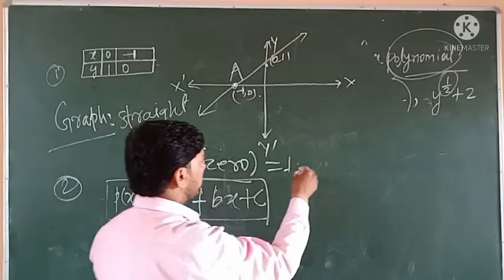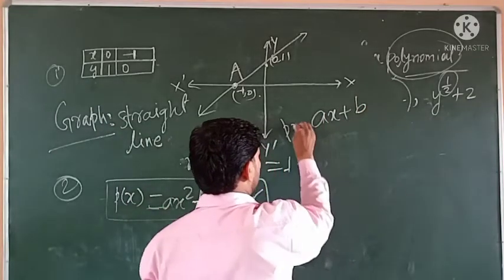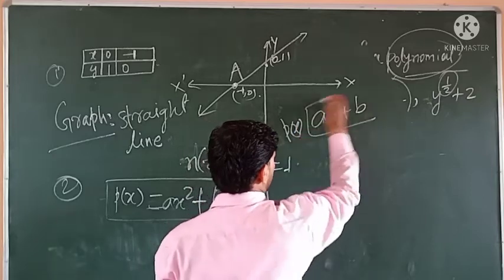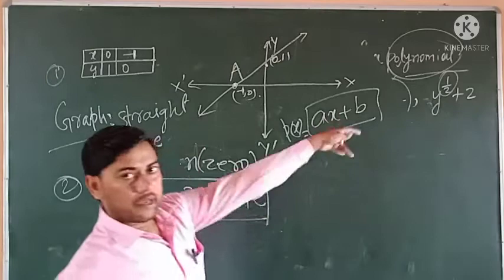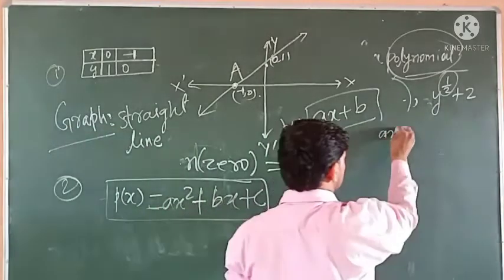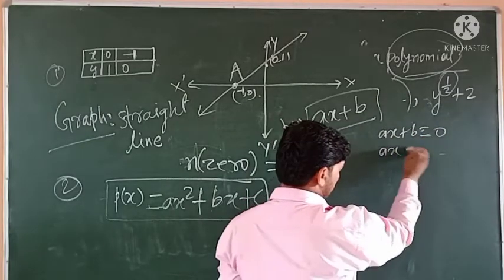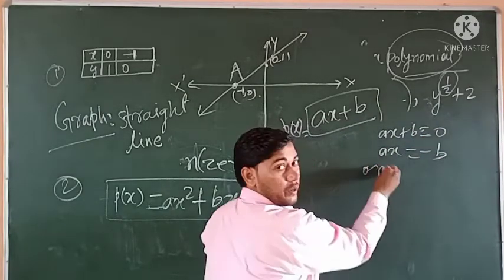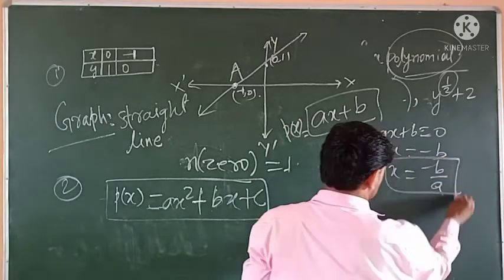The general form of a linear polynomial is ax plus b. If ax plus b is equal to 0, then ax is equal to minus b, or x is equal to minus b upon a.